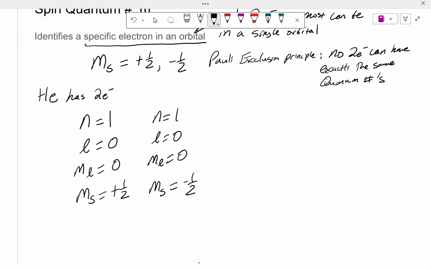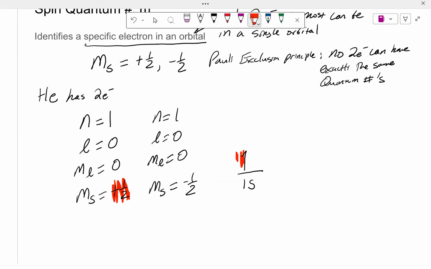Now, the way we diagram that is, let's imagine, we're just going to say 1s here. The way we diagram electrons having a different spin, plus 1/2 or minus 1/2, is we typically use an up arrow, like a half arrow, for plus 1/2.